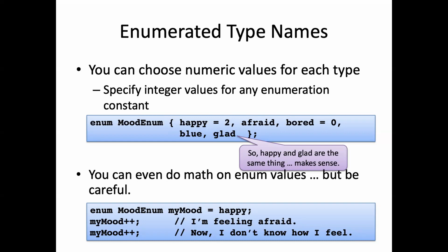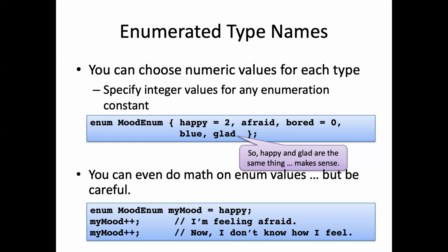If you specify a value, like for happy here, I said I want that to be represented with 2. If you specify a value, that's the value it's represented with. Otherwise, like for afraid, I didn't say what value that's going to be. It'll just keep counting up from the most recent value. So in the example in the middle of the slide here, happy is going to be represented by 2, afraid will be represented by 3, the next numeric value.